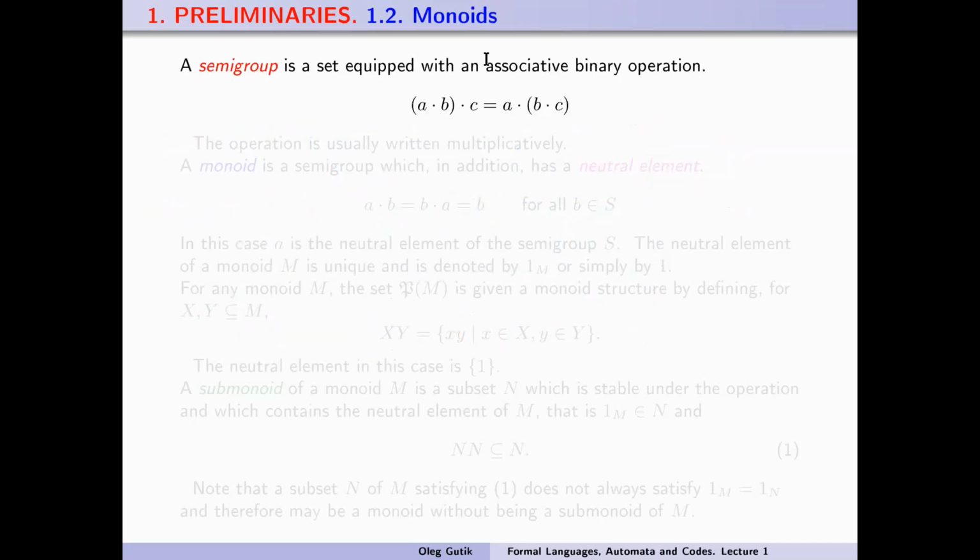So we shall write an associative binary operation as follows: for any a, b, c from the set S. And usually we shall write this operation in the multiplicative case, in such a way.